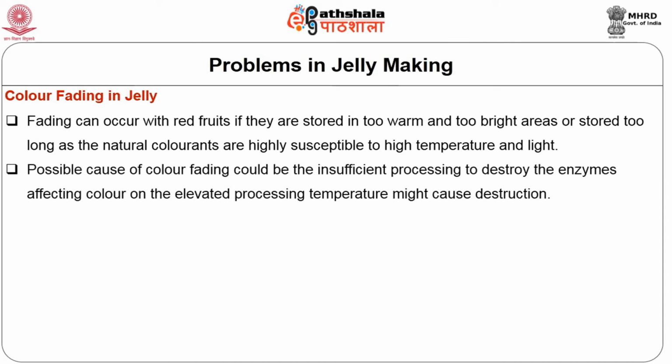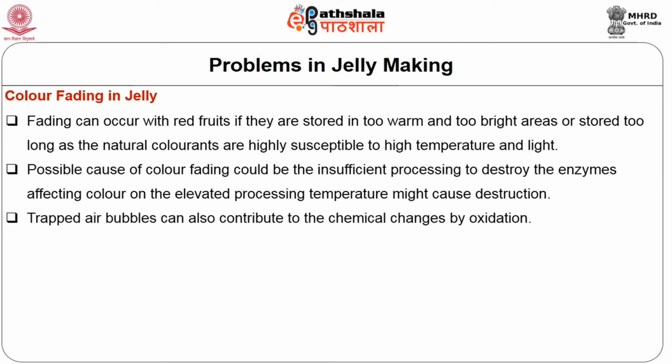Another possible cause of color fading could be insufficient processing to destroy the enzymes affecting the color, or an elevated processing temperature might cause destruction. Trapped air bubbles can also contribute to chemical changes by oxidation.